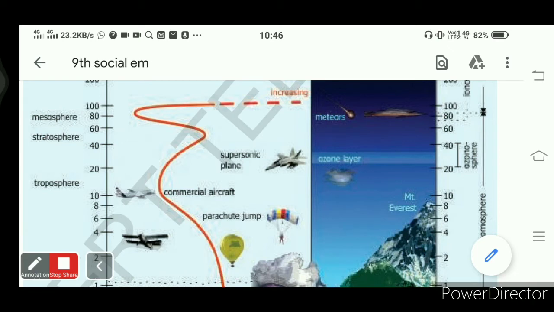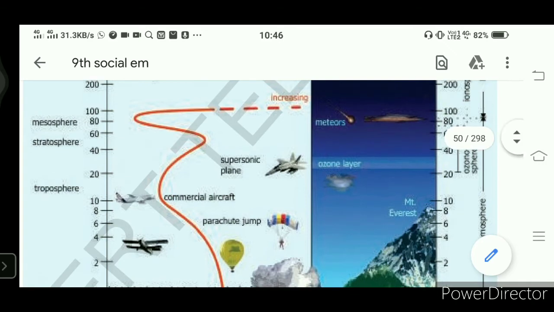Why do they not fly in the troposphere? Because the troposphere has clouds, so there won't be a clear view. So these jet planes and supersonic planes fly in the stratosphere.